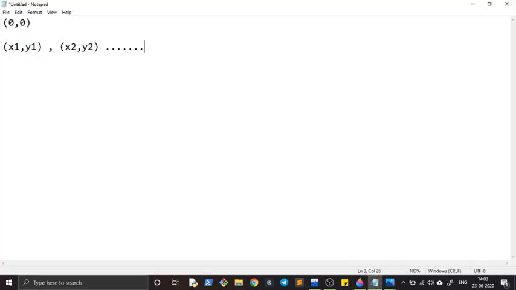Now we have a formula, as we know: the distance from x2 comma y2 to x1 comma y1 is the square root of x2 minus x1 whole square plus y2 minus y1 whole square.